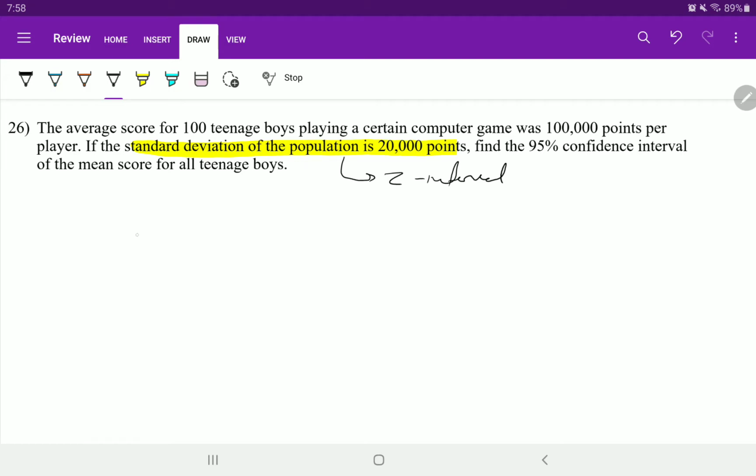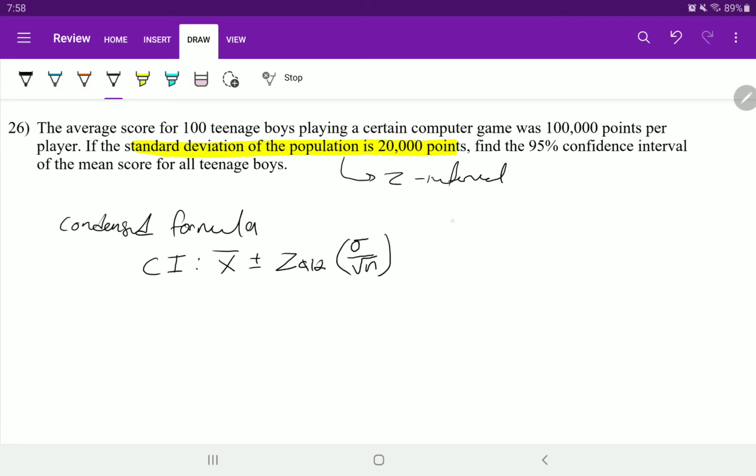So, to find the confidence interval when it comes to a Z interval, I'm going to write the formula in the condensed version. Our confidence interval is going to be our sample mean plus or minus our Z critical value times the standard error, which is going to be your population standard deviation divided by the square root of the sample size.